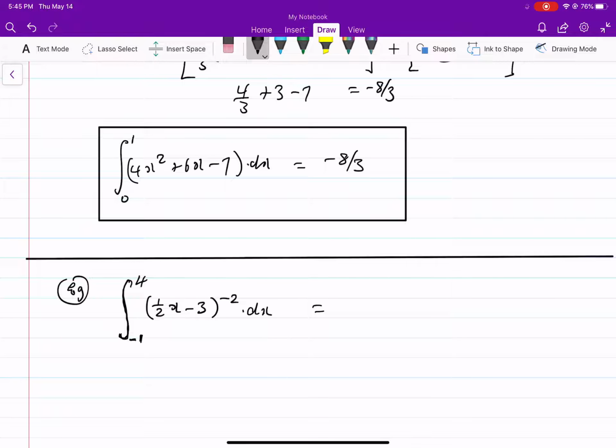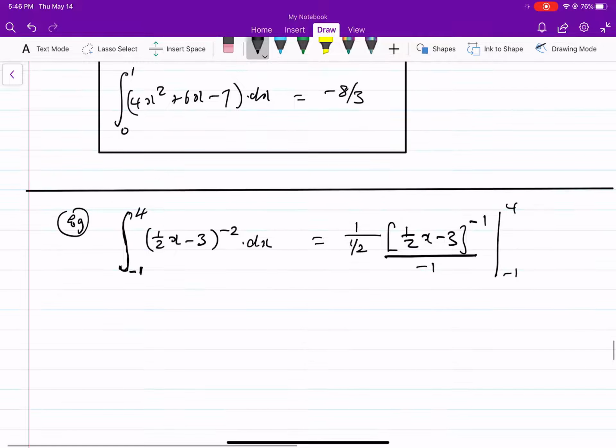Under those conditions, the result is 1 divided by f prime. F prime would be a half, so 1 divided by a half, into f of x, a half x minus 3, to the power n plus 1, minus 2 plus 1, which is minus 1, upon minus 1, evaluated between minus 1 and 4. Now, this one is a little more interesting. The 1 divided by a half, if I flip the half, I get 2.